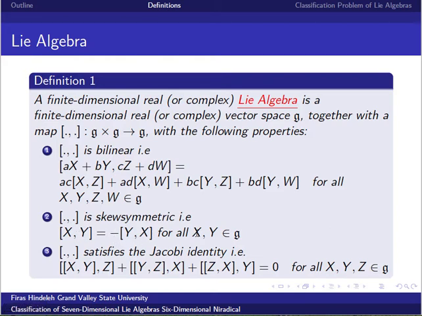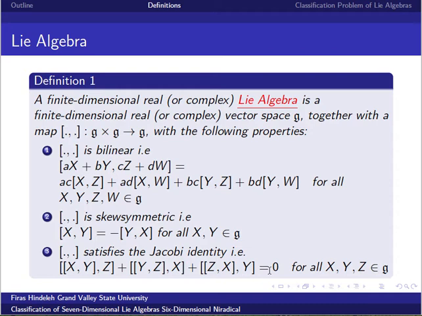Now, the last thing to check is that the cross product does satisfy the Jacobi identity, meaning that if you take x cross y and then bracket cross z, and then you add y cross z, and then bracket those two together, and then cross with x, and so forth, you're always going to get a 0 for the sum for R3.